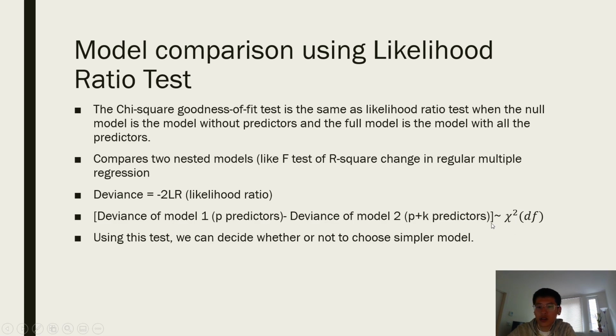Using this likelihood ratio test, we can decide whether we're going to choose a simpler model, the null model, or the full model. So this is one of the ways to evaluate the model.